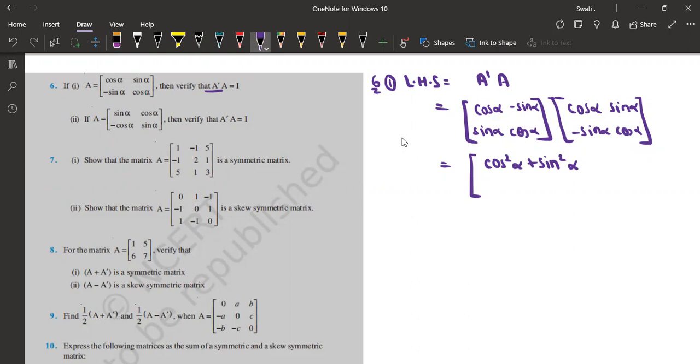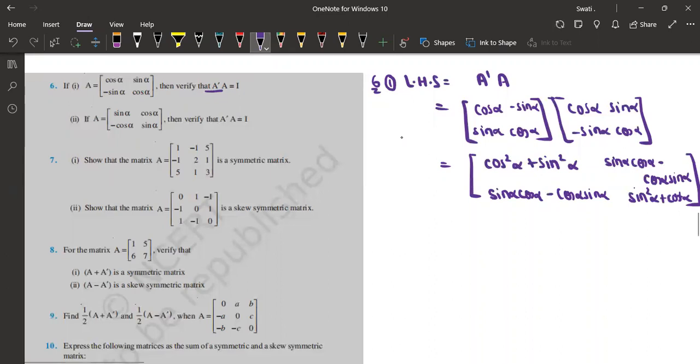So cos square alpha plus sin square alpha, and here we get sin alpha cos alpha minus cos alpha sin alpha. This is the second entry, or I can say A12. Next, we have sin alpha cos alpha, if you do the product, and minus cos alpha sin alpha. And the last entry is simply sin square alpha plus cos square alpha.